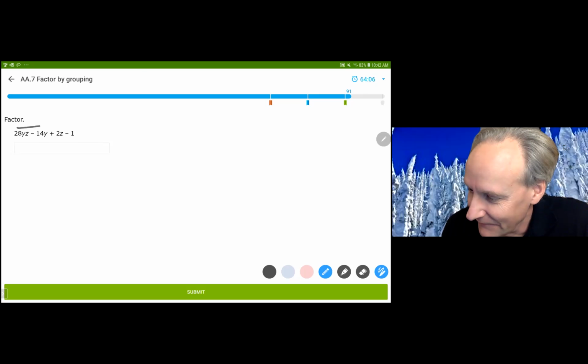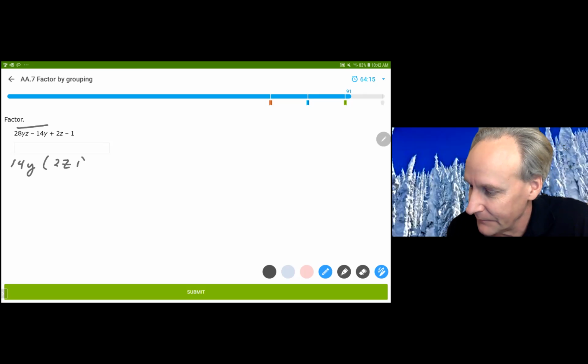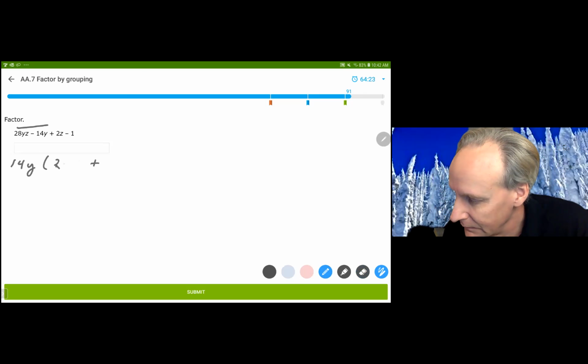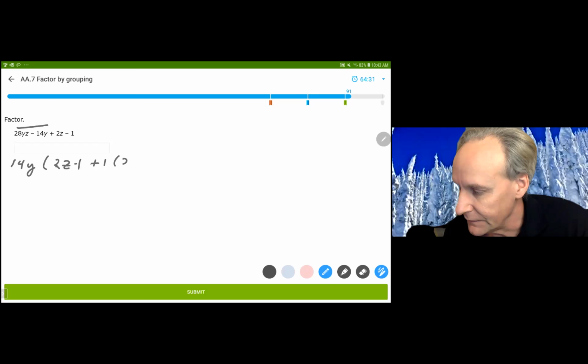I am going to take out the 14y. And it leaves me with 2z minus 1. And then I have a plus 1 times 2z minus 1.